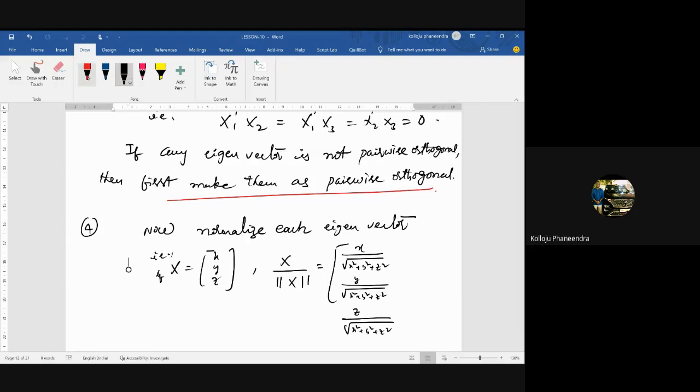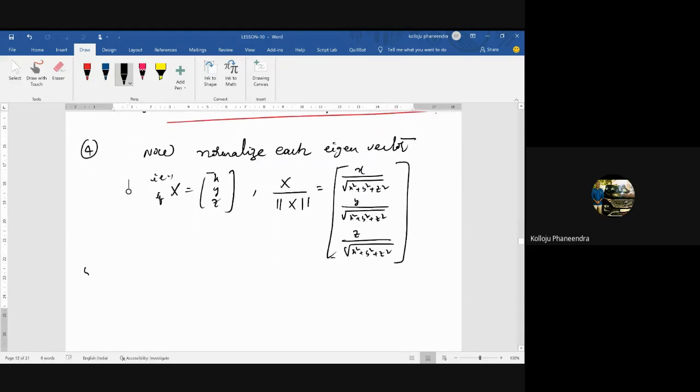This is normalization. Next step, fifth step: group the normalized eigenvectors.